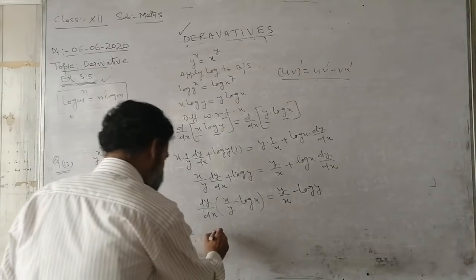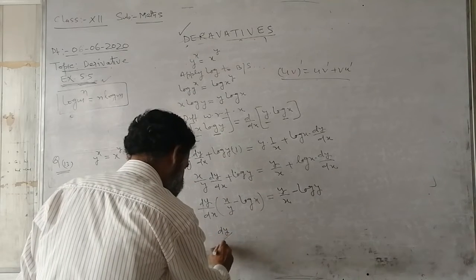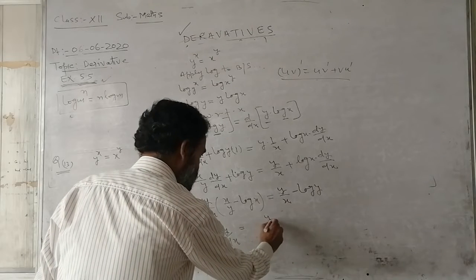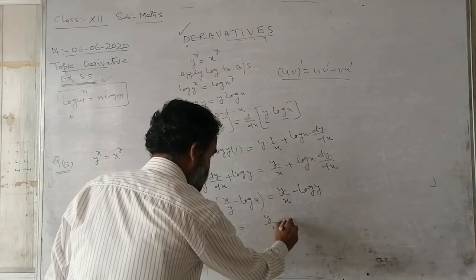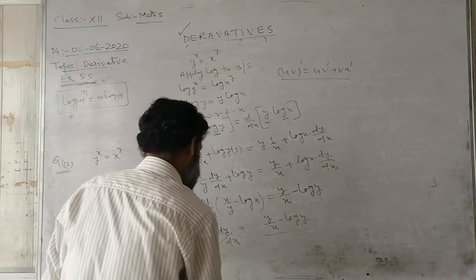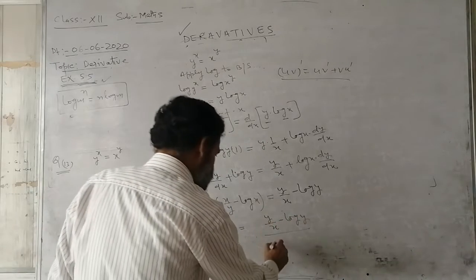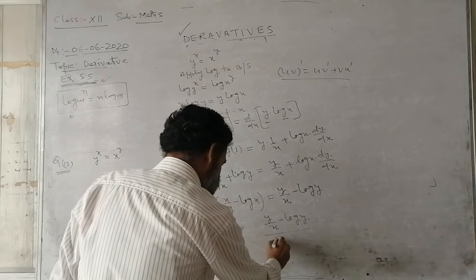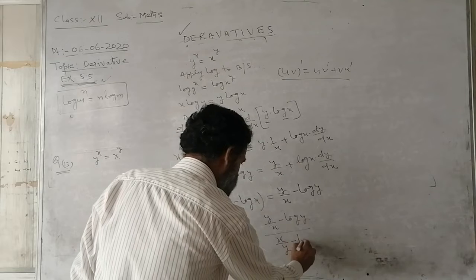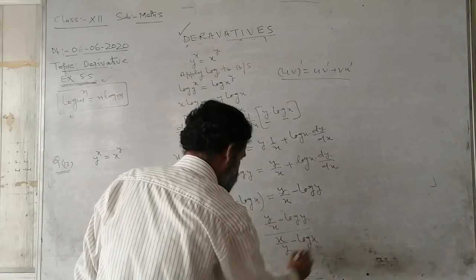That means dy upon dx will equal y upon x minus log y upon x upon y, this term, minus log x.